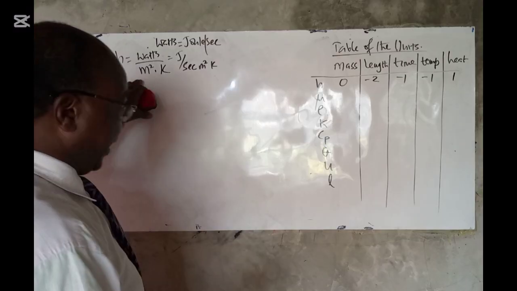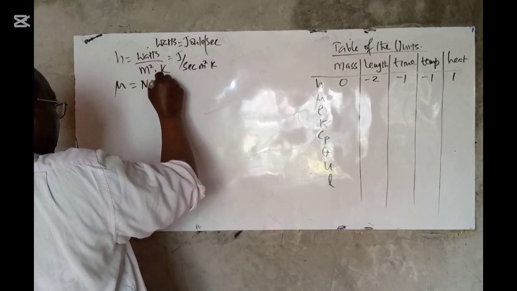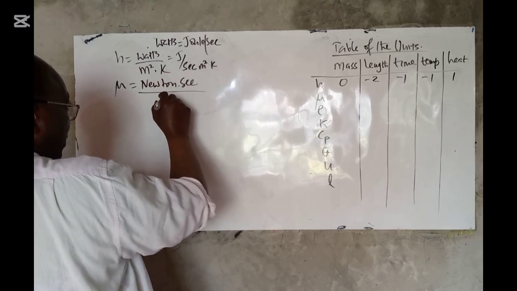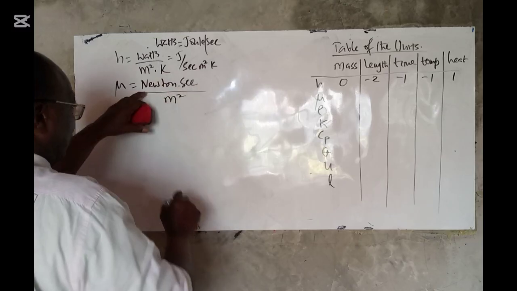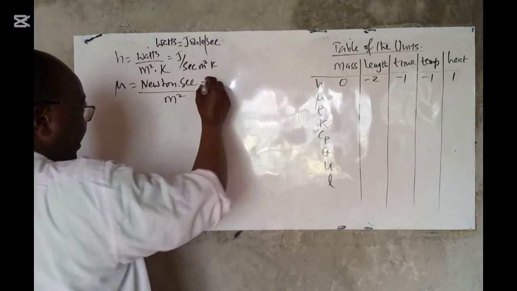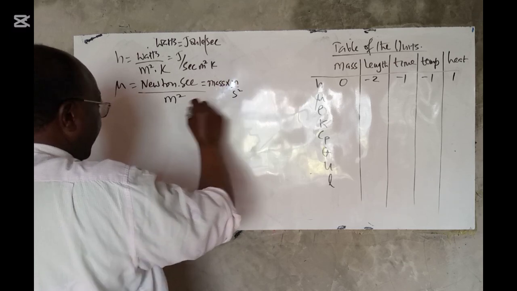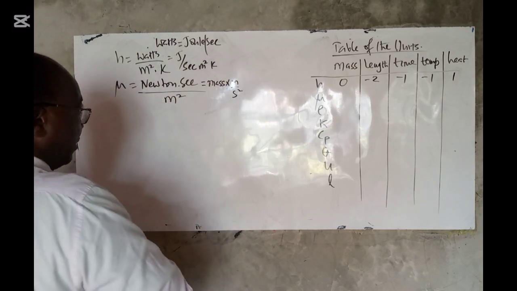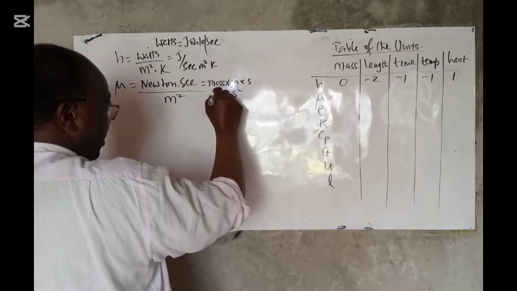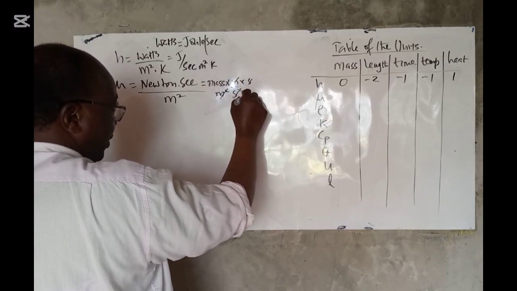We're developing the second table. For mu, we said it was Newton second per meter squared. Newton is force, that's mass times acceleration, per second squared, times second, per meter squared, so that they cancel with meter second.